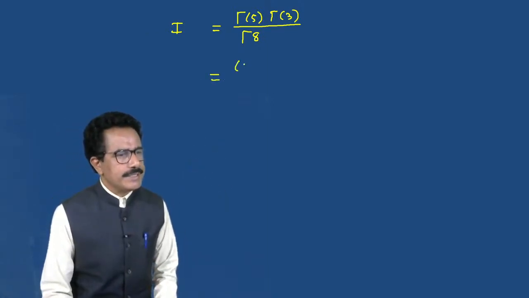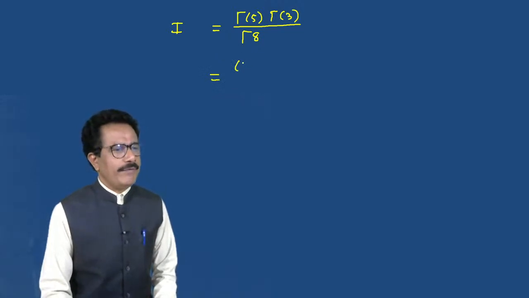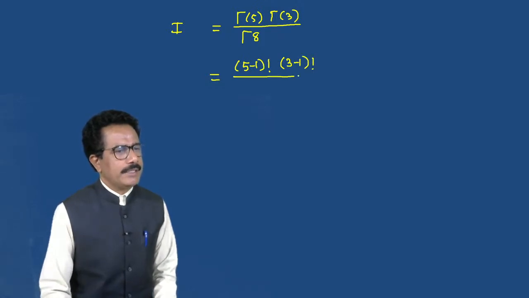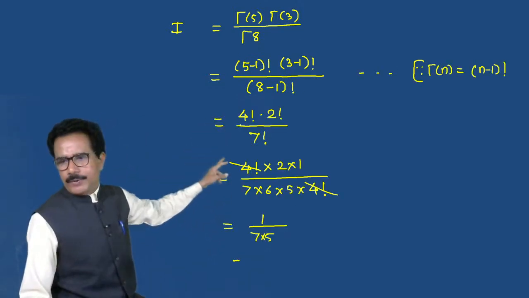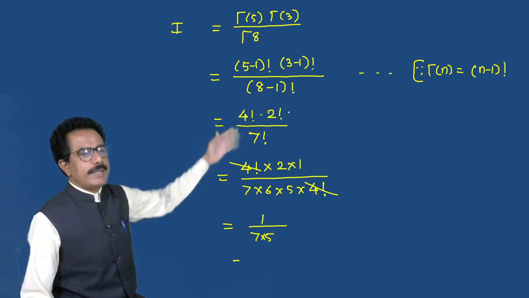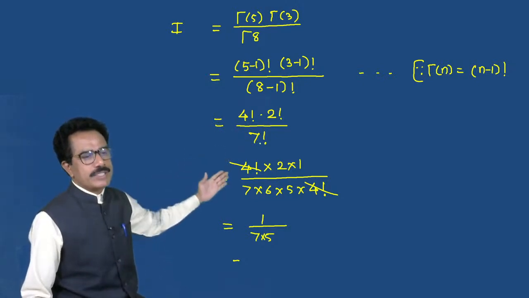So this means 5 minus 1 factorial, this means 3 minus 1 factorial, divided by 8 minus 1 factorial. We can write 5 minus 1 means 4 factorial, 3 minus 1 means 2 factorial, 8 minus 1 means 7 factorial.